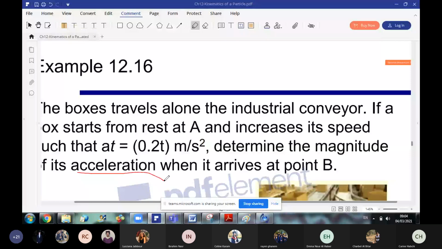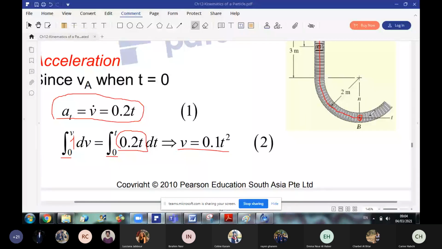Here at B, I am moving on a curve, so to find the acceleration, I should find two components: the acceleration in the tangential direction and the acceleration in the normal direction. Since tangential acceleration is a function of time, to calculate a_t, I should first find the time needed to reach B.